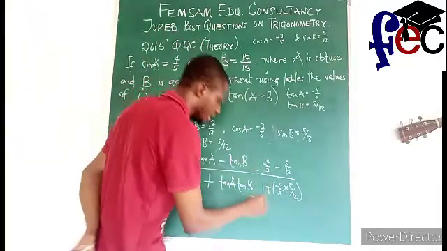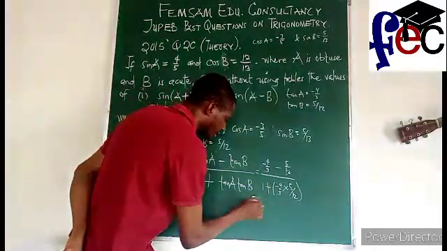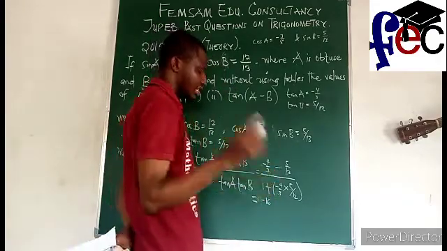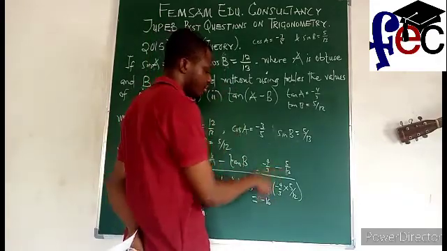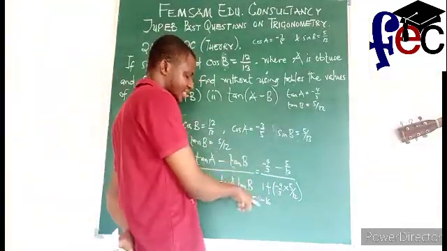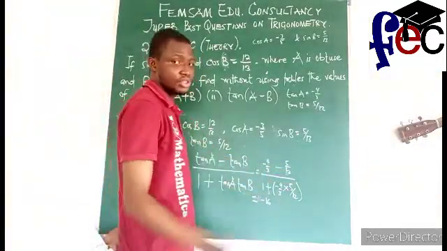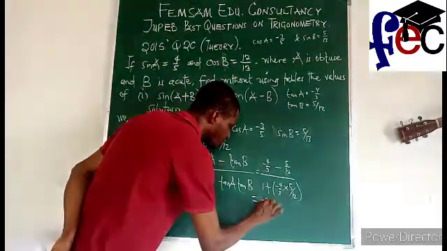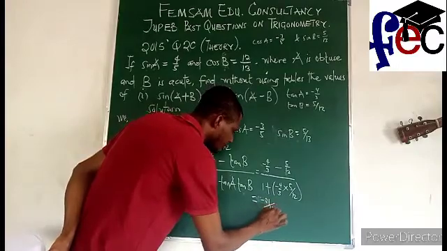Because of this negative sign, I'm having a minus 16. 12 in 12 is 1. 1 times 5 is 5. So minus 16 minus 5 is minus 21. So the result of this is minus 21 over 12.